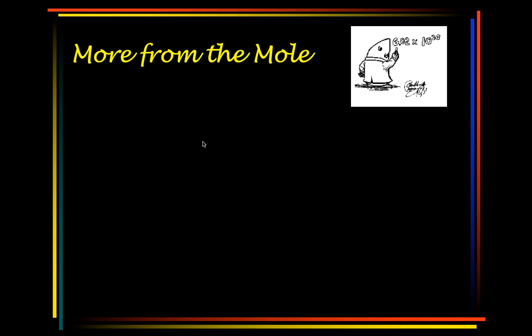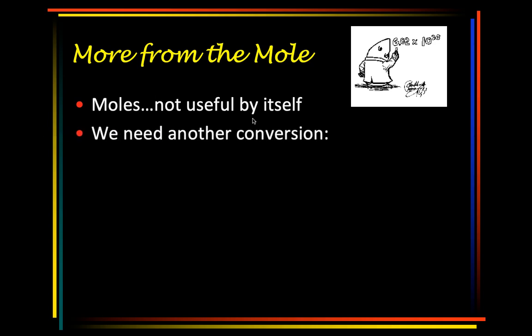Yay! Okay, we need another conversion. Moles, not so useful by itself because it's just a random grouping word. Grams is kind of useful. Avogadro's number with atoms and molecules and formula units, that's kind of useful. But let's do another conversion. What about volume? All right, molar mass was moles and grams. Molar volume is moles and liters, but it's very specific. It's 22.4 liters equals 1 mole.